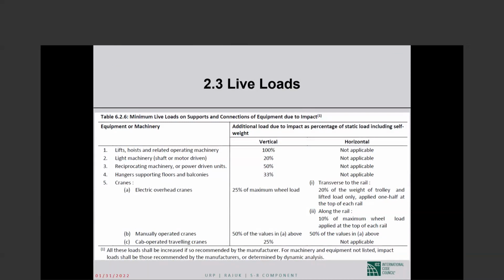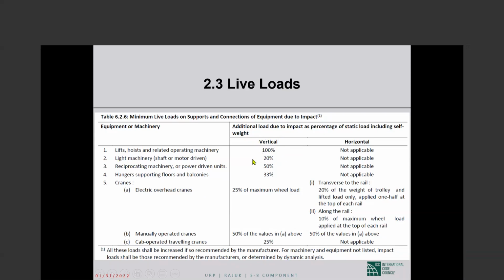So additional load. So this is equipment or machinery that you are dealing with in your building. Additional load due to impact as percentage of static load, including self-weight. So for lifts, hoists, and related operating machinery, you will increase the load that is tabulated by 100%. Light machinery, you will increase by 20%.